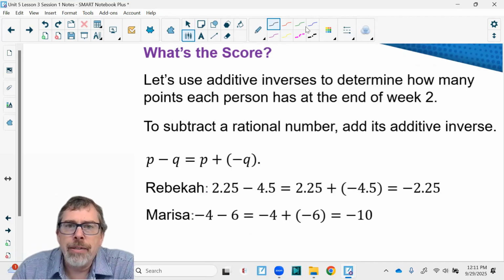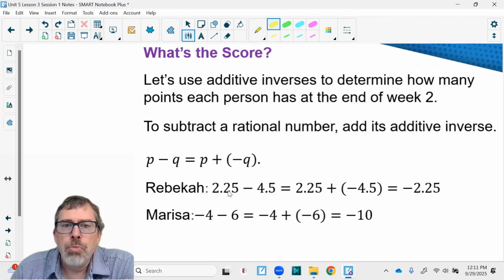So Rebecca, let me highlight this to explain it. 2.25 for week 1 minus 4.5, which is the same as plus a -4.5. Minus 4.5 right here is the same as plus a -4.5 here.